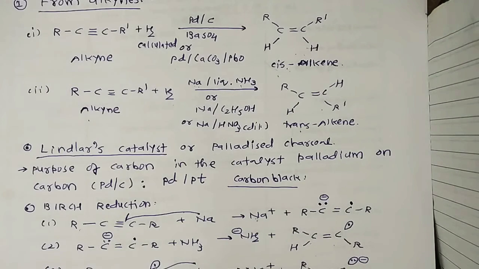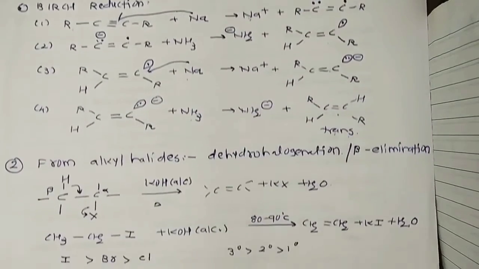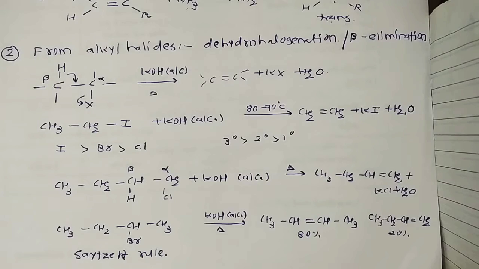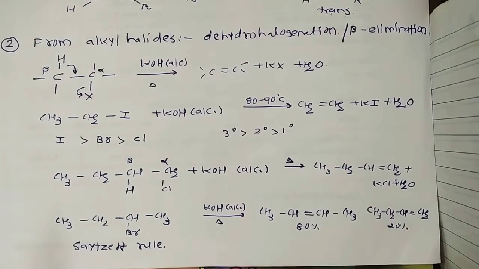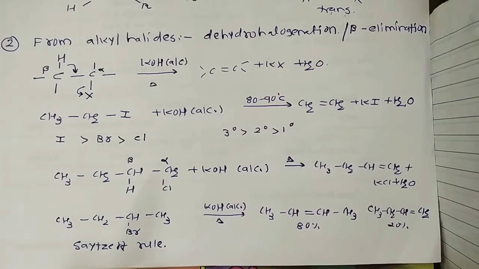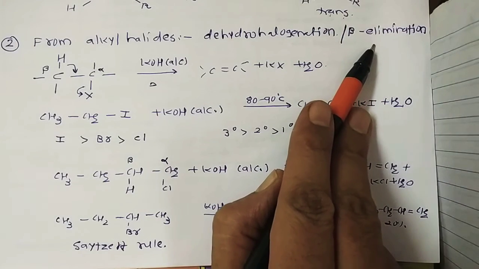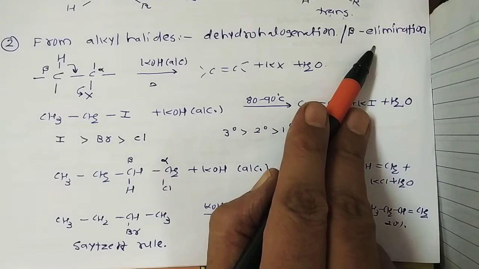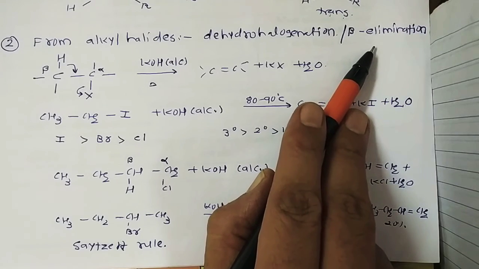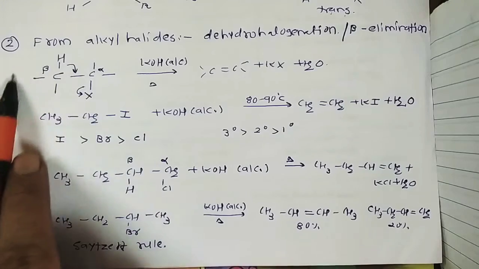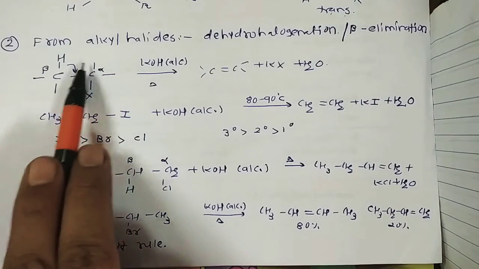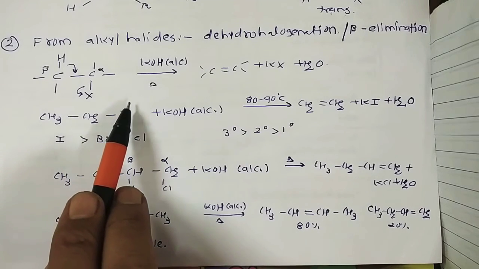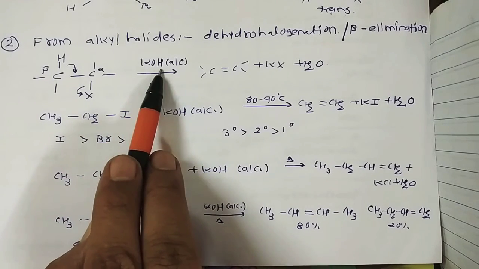Now our next topic is preparation from alkyl halides. This reaction is also called a dehydrohalogenation reaction or beta elimination reaction. Elimination means we have to remove. So in this case we have an alkyl halide, suppose CH3CH2Cl, on heating with alcoholic KOH.